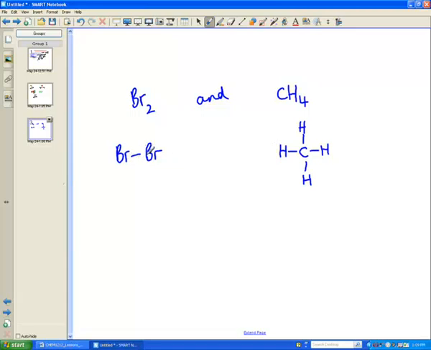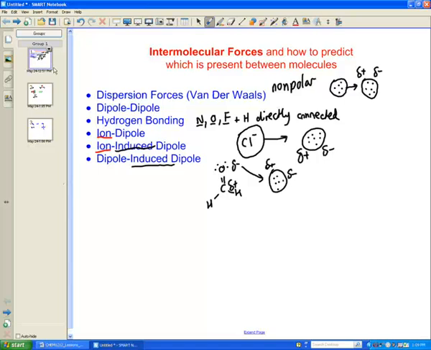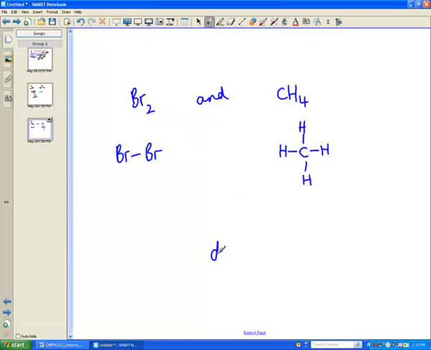Well, of course that difference is zero, meaning nonpolar as well. So what I have is two nonpolar molecules. And so we have two nonpolar molecules with nonpolar bonds. There's only one option, and that's dispersion forces. So the strongest attractive force between these molecules is dispersion forces, or van der Waals, as we said before.